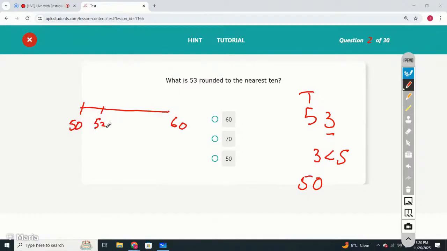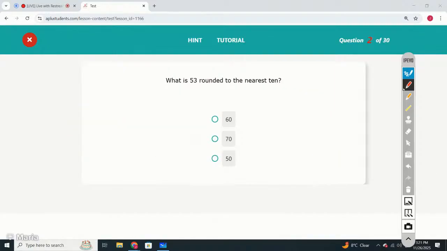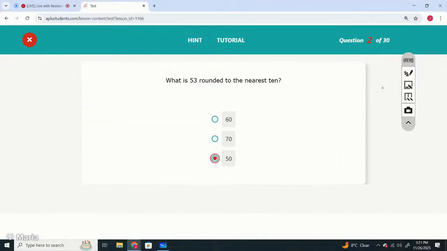So 53 is just 3 points away from 50 and 7 points away from 60. So you will always round to the one that is nearest. So it is nearest to 50. The correct option is 50. Whatever way you find easy, you can do. So 50 it is. Very good.